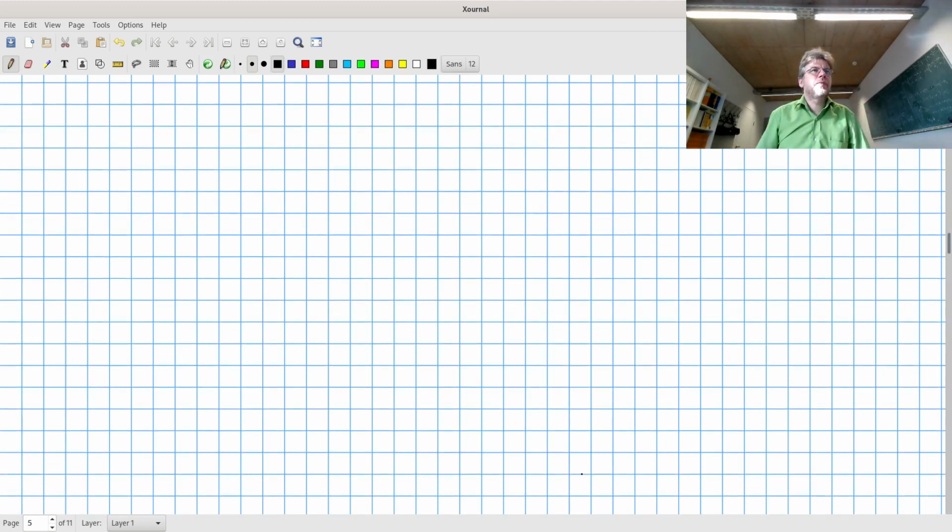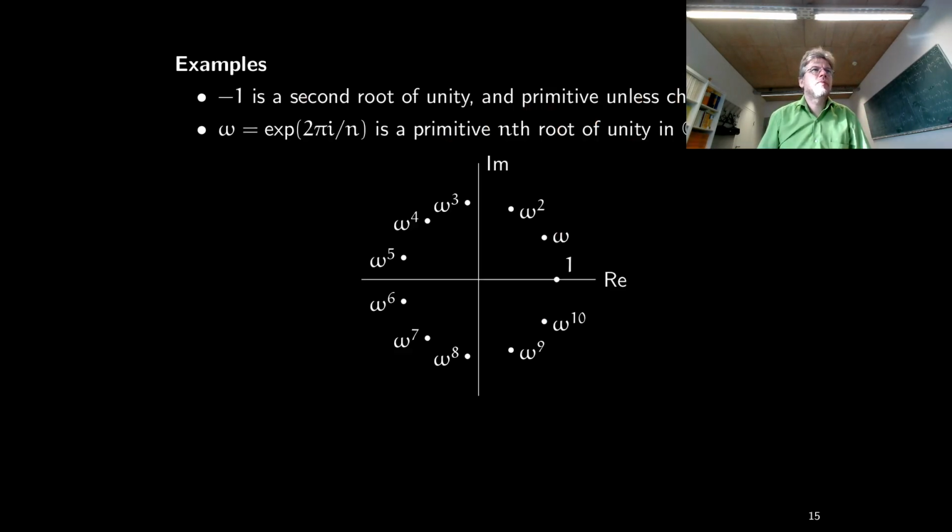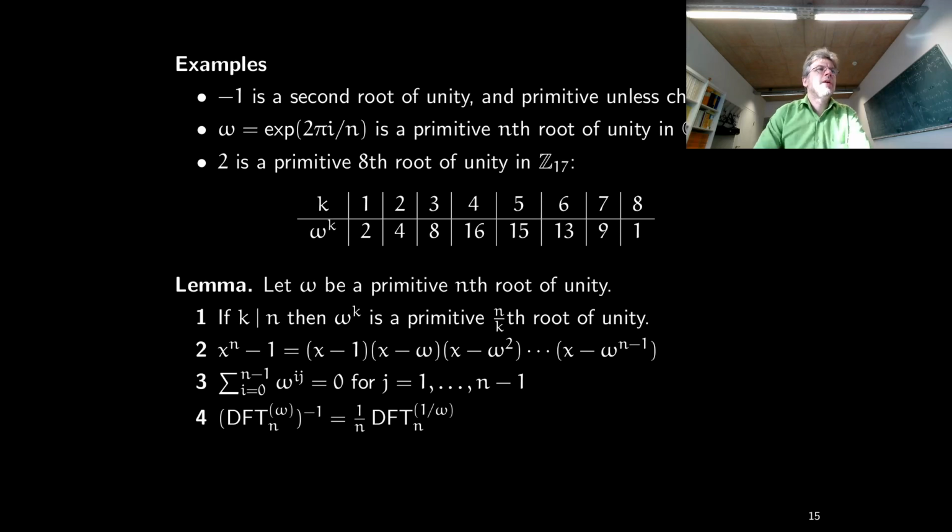Alright, so that was the first part of the lemma. And for the second one, there's nothing to show, because if you imagine what happens if you plug omega to the k into this, omega to the k to the n is the same as omega to the n to the k, but omega to the n is 1.